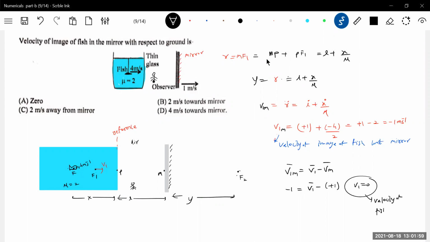Velocity of image of fish with respect to ground, it will be 0.